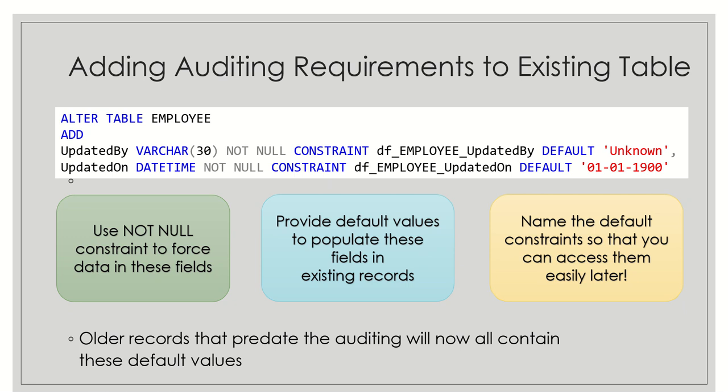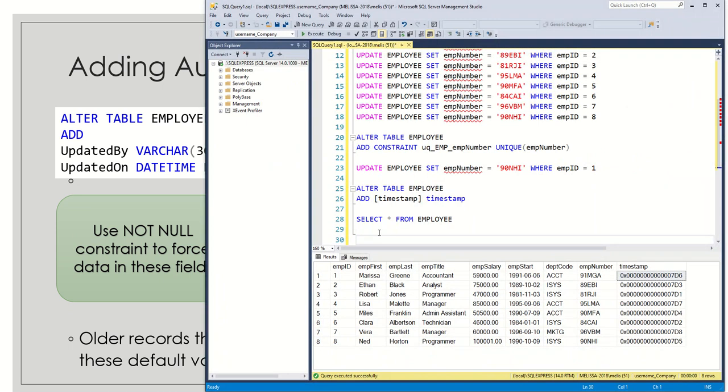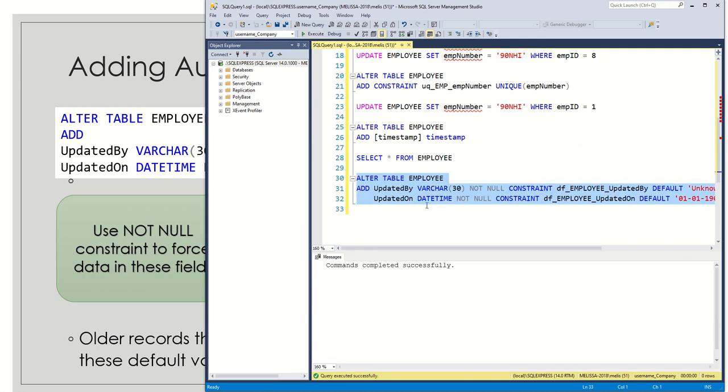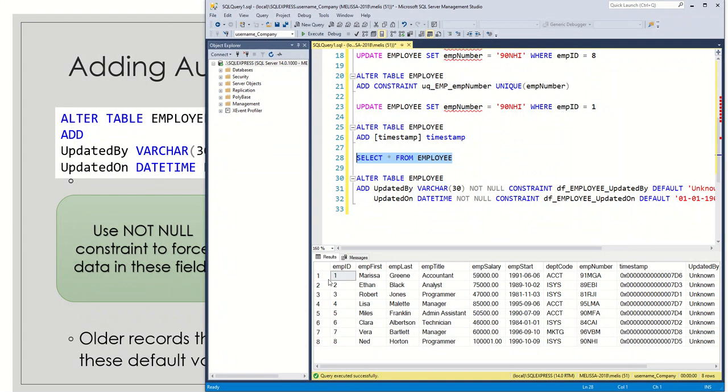So let's put this into our employee table. I'm just going to copy that from the slide over here. I'll perform this alter statement that adds 2 more fields to our employee table, and then we'll take a look at what we've got in here.